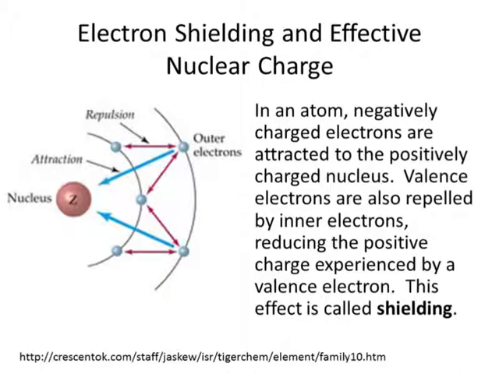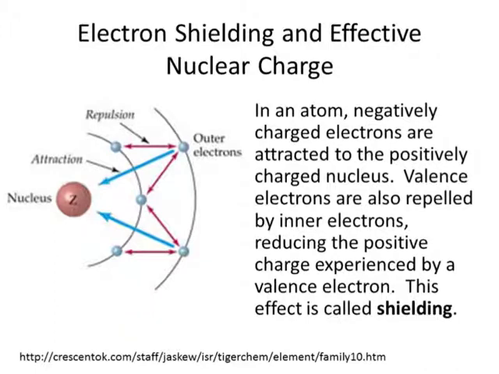Another thing to keep in mind when considering the relative size of an atom is that while the nucleus is attracting the outermost energy level of electrons, the electrons on the innermost energy levels are repelling the outermost energy level electrons. This effect is called shielding and it's important to the size of the atom.